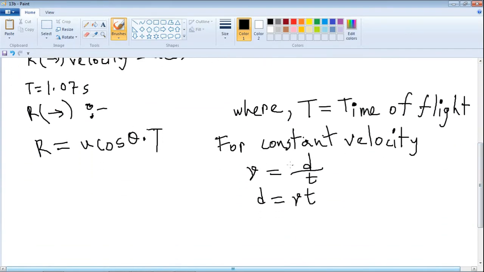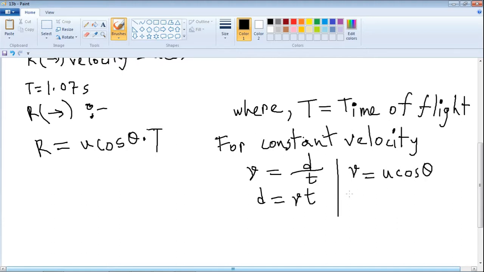So here, let me write it this way: v is equal to u cos theta.